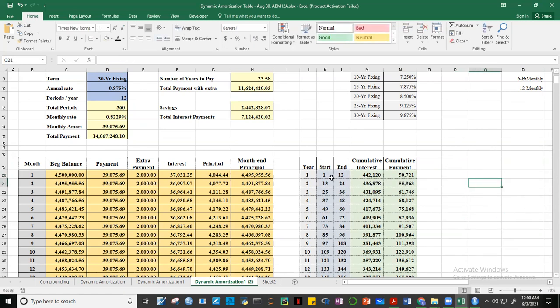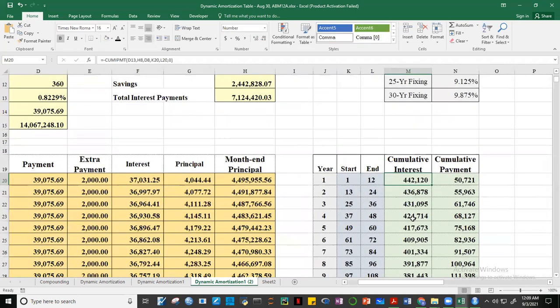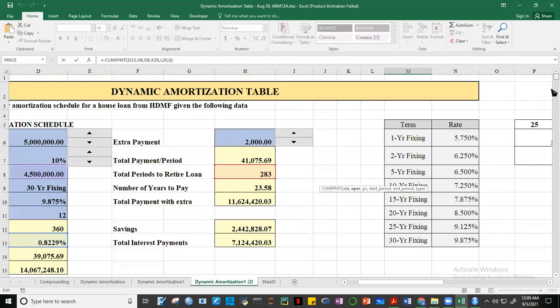Okay, so let's compute for the first month muna. So for the first month, okay, cumulative interest payment. This is our rate, yung D30 natin, itong 0.8229. Our NPER, okay, yung NPER medyo tricky, ano? Pero kasi kung magkakaroon tayo ng extra payment, di ba liliit yung number of periods natin?